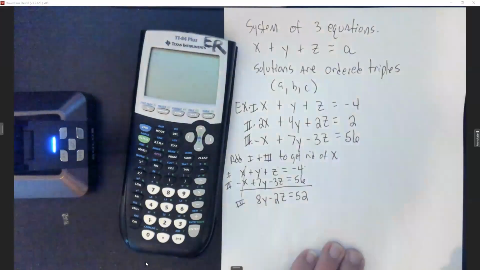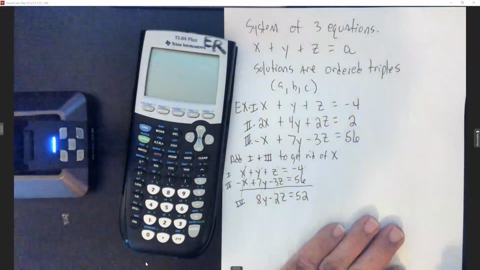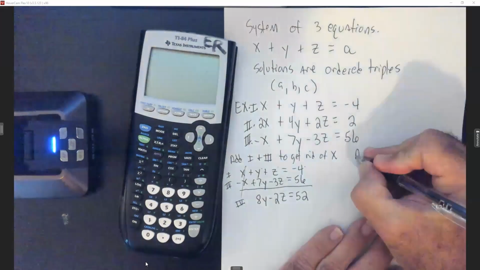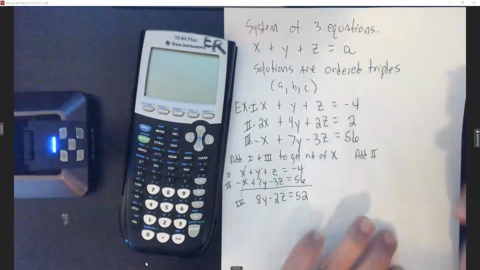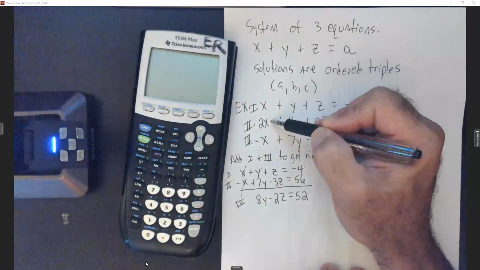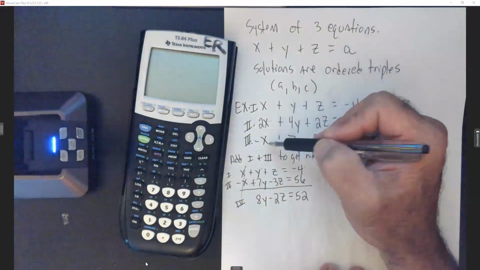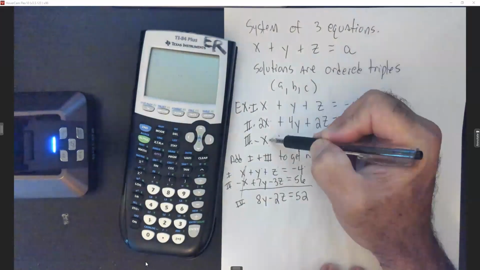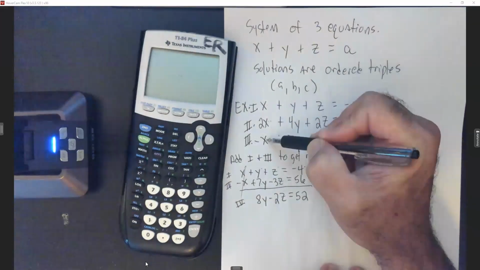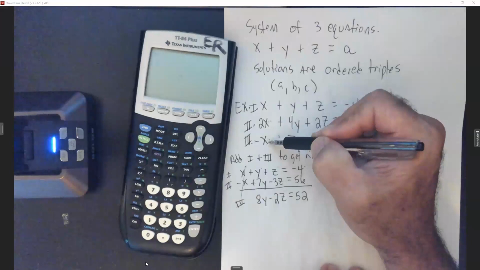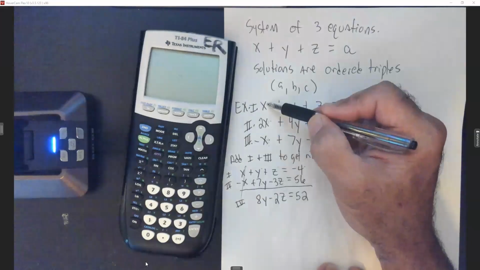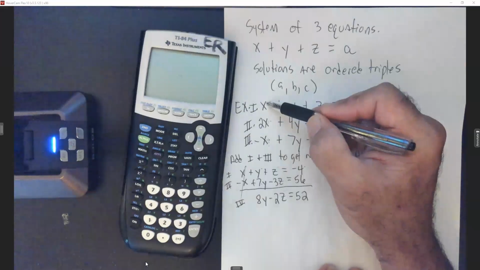Alrighty. Since I did 1 and 3 that time, this time I've got to use row 2, which has a positive 2x. Since that's a 2x, and this one's a -x, if I change this row by multiplying by 2, I can add them and get rid of the x. If I had picked the first one to use, I would have had to multiply by -2 on that one because it's positive and that one was positive.